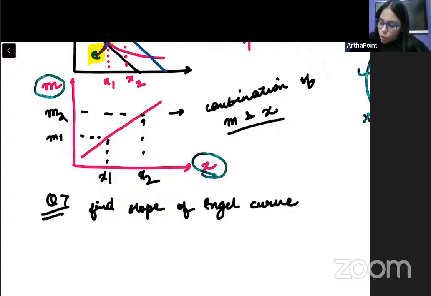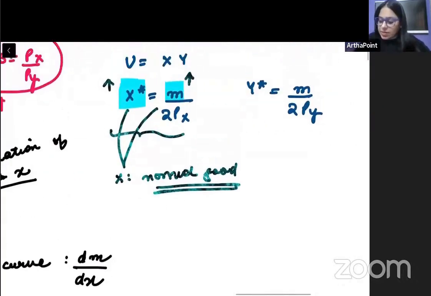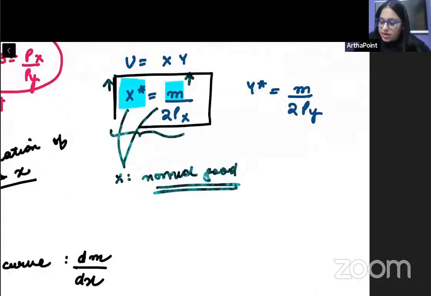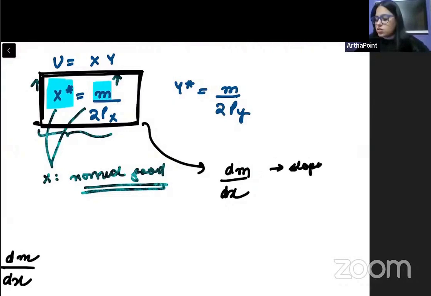So the slope of this Engel curve will be nothing but change in perpendicular by change in base. Change in perpendicular will be what? How income changes. Change in base will be what? As X changes. So ideally, if I have this equilibrium bundle, can I not just go ahead and find dM by dX from here? That will be the slope of the Engel curve.